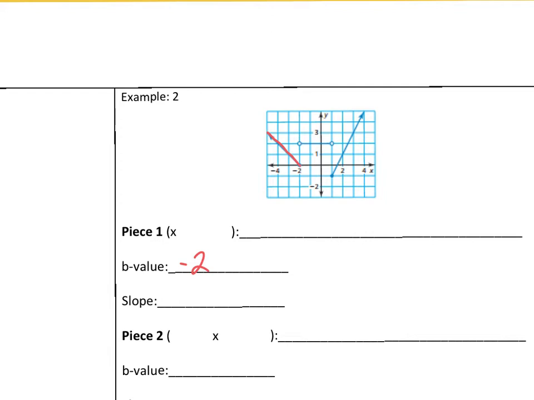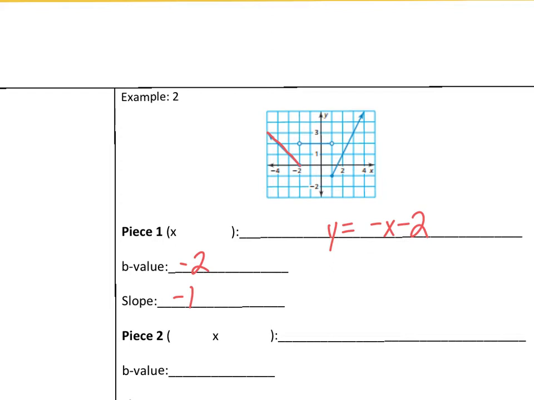And then what about the slope on that one? Yep, negative 1. So the equation would be negative x minus 2. Okay? And just looking at the domain, so where it's defined for x, where is this defined?